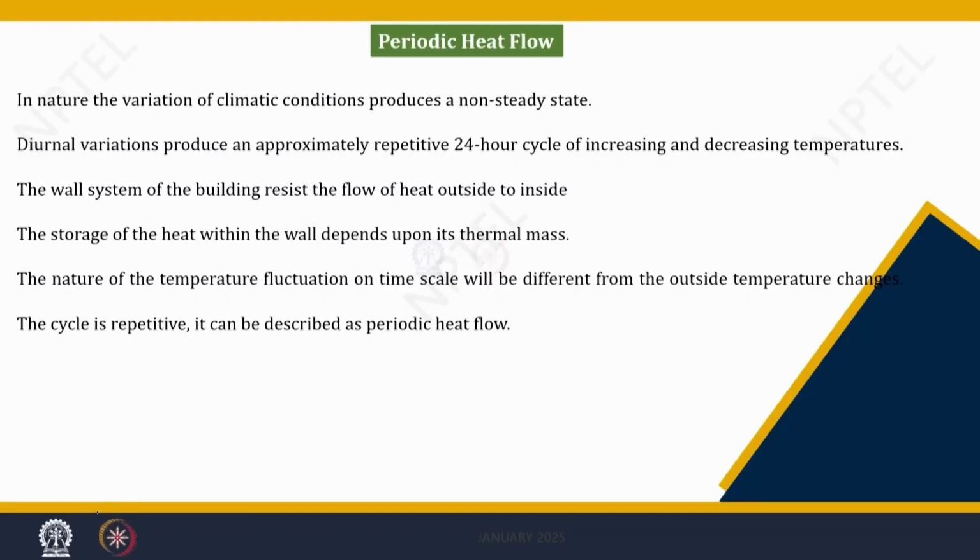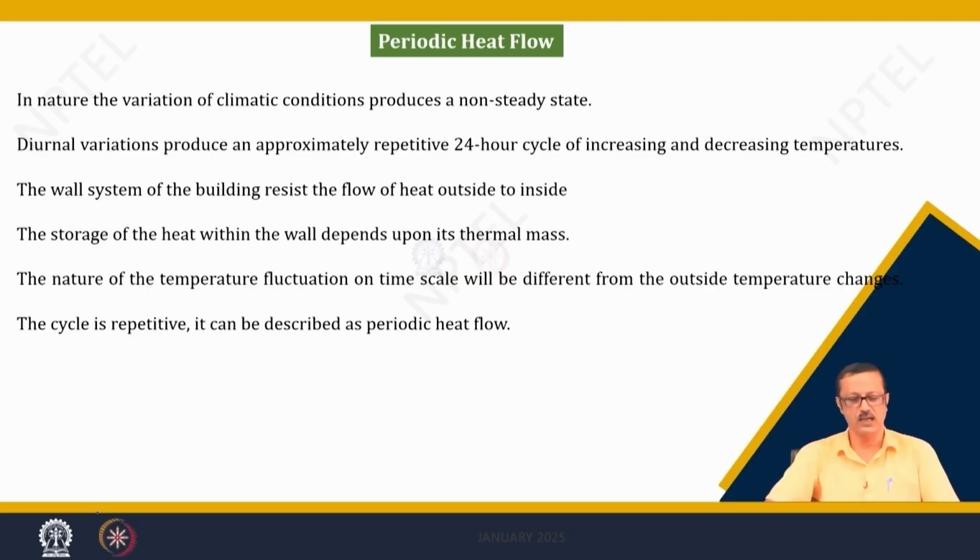We initially discussed periodic heat flow in the second lecture of the first module, where we saw that the outdoor temperature is time variant, and we have taken that time variant outdoor temperature in the last two lectures to compute the total heat gain through the building envelope.